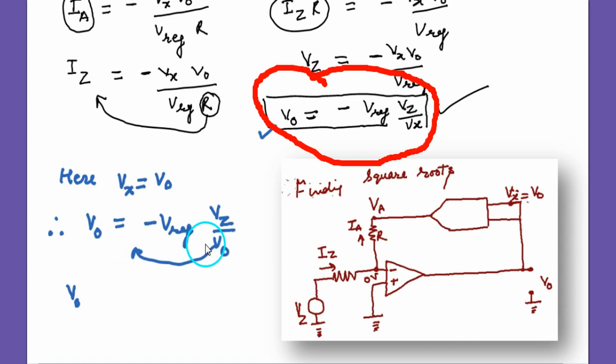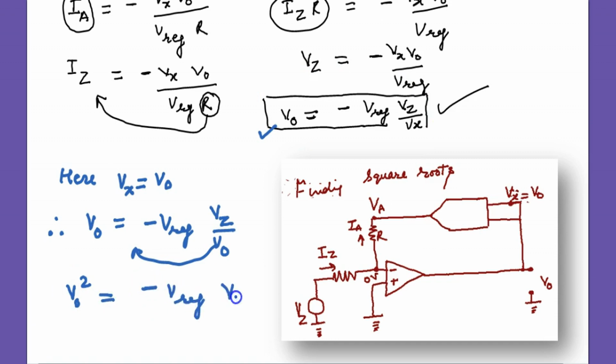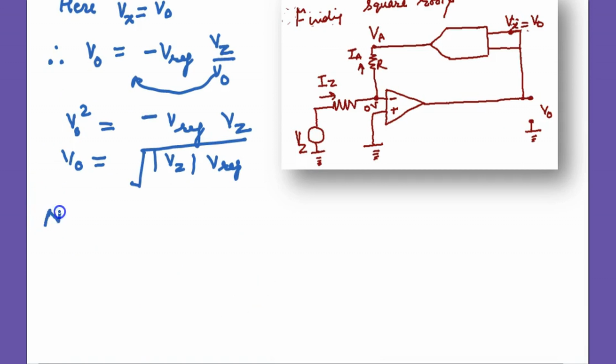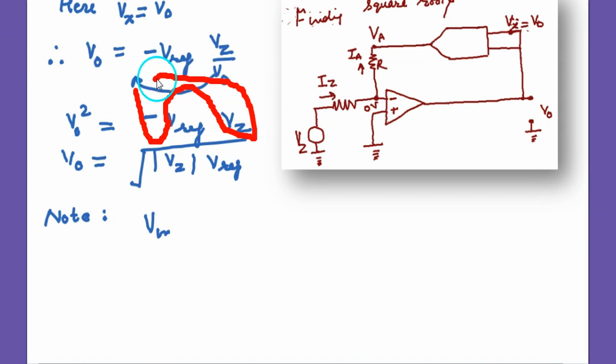V0 and V0, V0 taken to this side, becomes V0 square. Let us take the magnitude of this minus Vz. We take the magnitude of minus Vz as the mod of Vz, and with V reference, V0 is the square root of this.